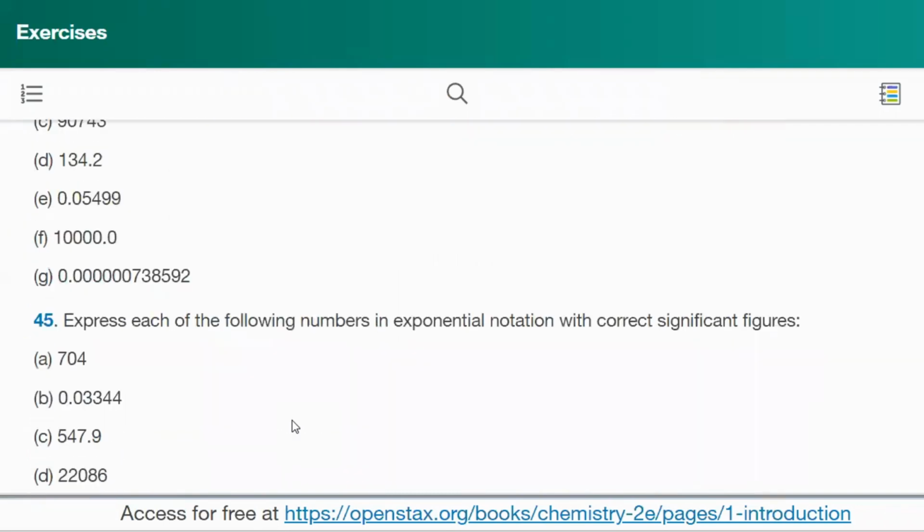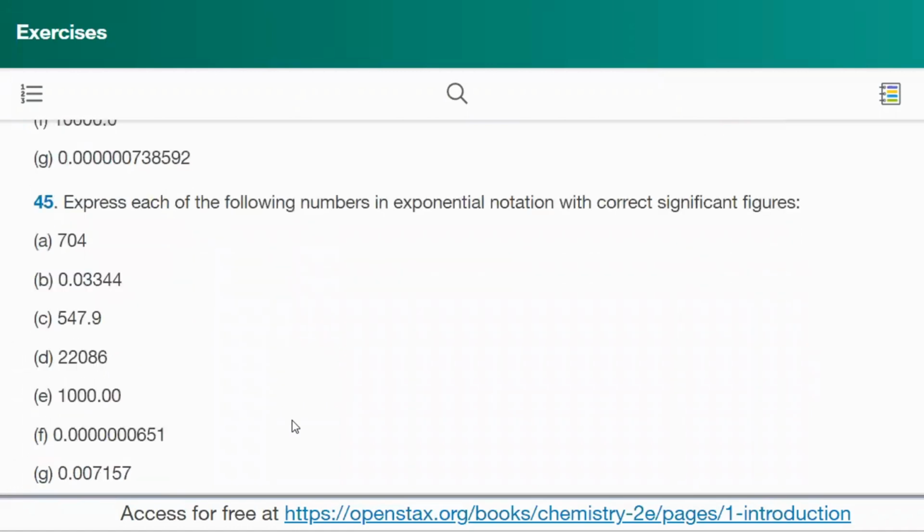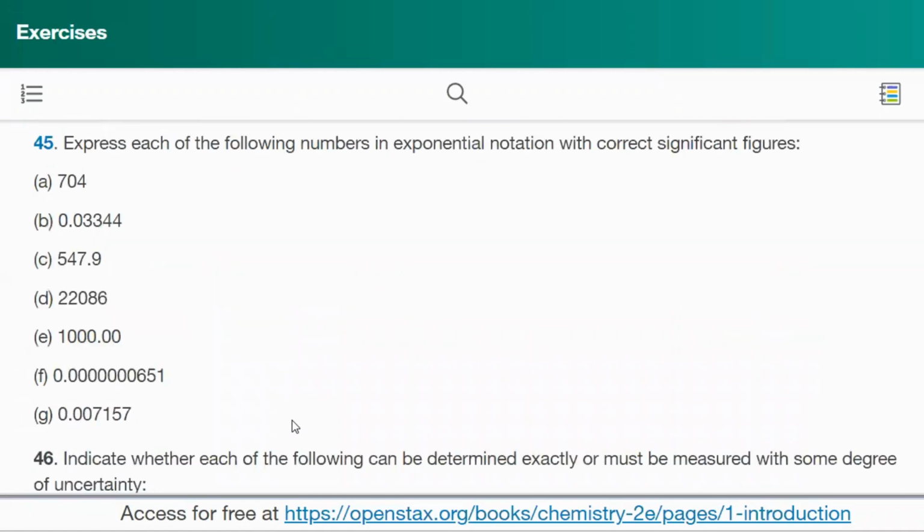If I'm not worn out, and if you're not worn out, we'll go through the even numbered exercises as well, but I won't be able to corroborate them with an answer key. And if I make mistakes or there are concerns, please feel free to post comments in the comment section of the video.